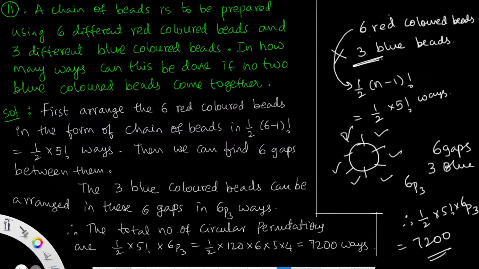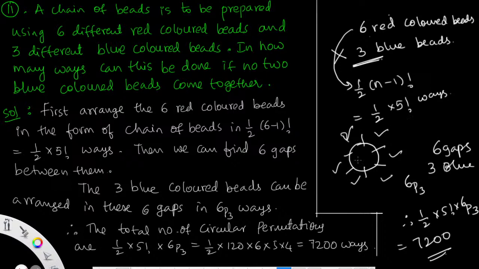So in the question, when particular persons make a bundle it means they come together, and no two come together means you always use the gap method. So first arrange the keep aside part. If no two blue colored beads are given, keep them aside, then first arrange the remaining 6 red colored beads in garland form or chain of beads. The formula is half into n minus 1 factorial, that is half into 5 factorial.